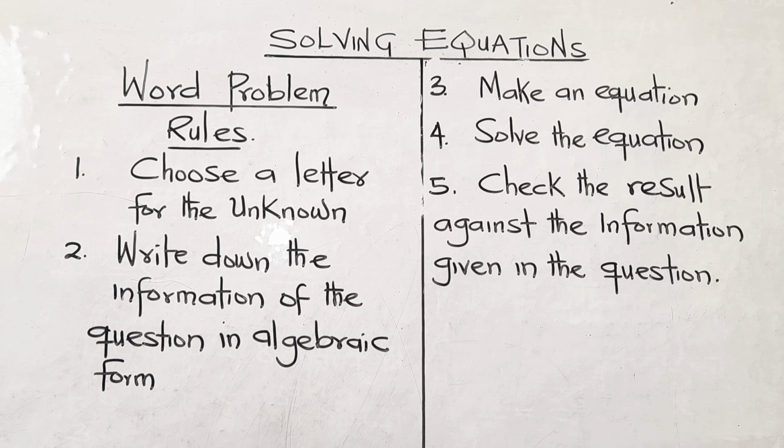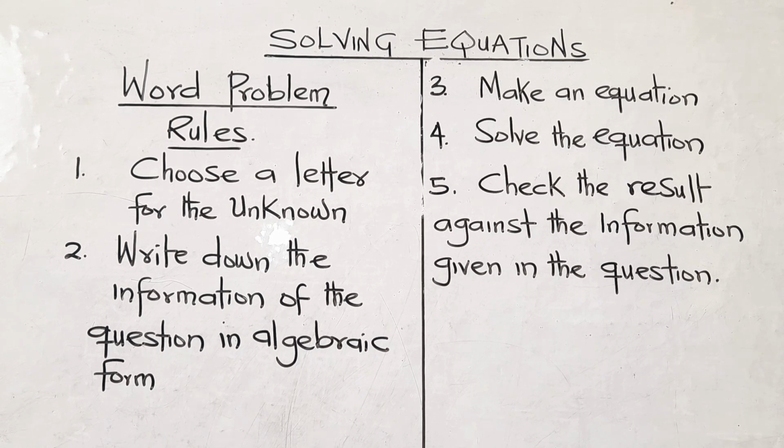Second rule, write down the information of the question in algebraic form. Step 3, make an equation. Step 4, solve the equation. Then the last step, check the results against the information given in the question.